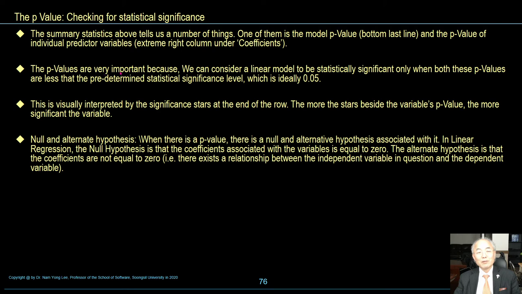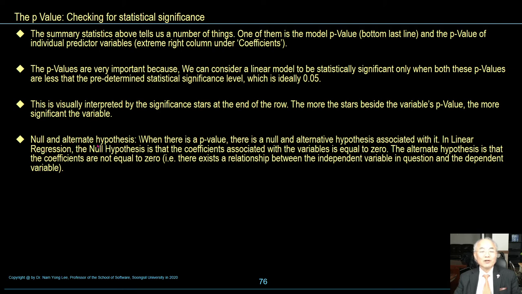The p-values are very important because we can consider a linear model to be statistically significant only when both these p-values are less than the predetermined statistical significance level, which is ideally 5%, or alpha equal to 0.05. This is visually interpreted by significance stars at the end of the row. The more the stars beside the variable's p-value, the more significant the variable.